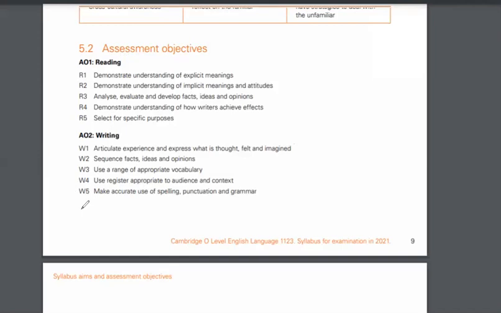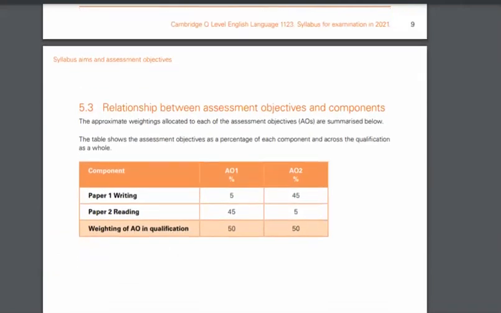You can go through these and you will be able to understand them with time. Obviously, once you start attempting the exam, once you start preparing for your CIE, you will be able to better understand what these assessment objectives truly mean. For the time being, you can go through them.